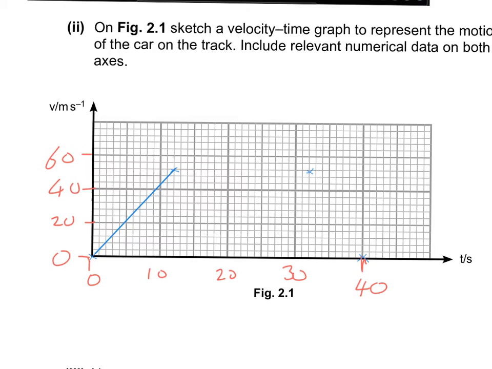So we get a slope up like this, another one like this, and one coming down like that. 12 seconds of accelerating, 20 seconds at a steady speed, and 8 seconds to decelerate. You probably also want to put the exact numbers of these positions of change onto the axis as well, just in case there are marks for that, like so.